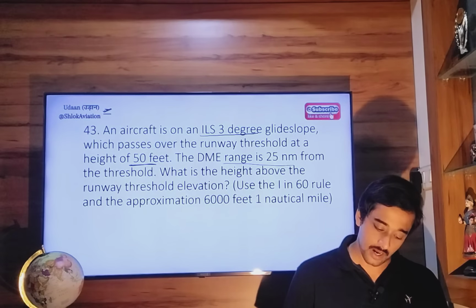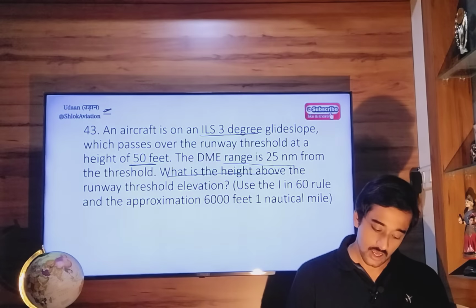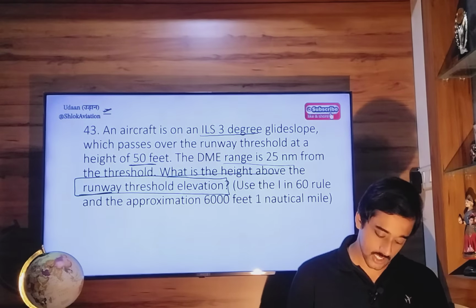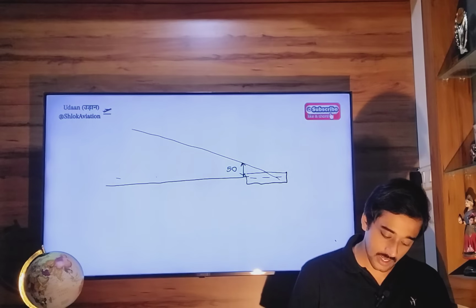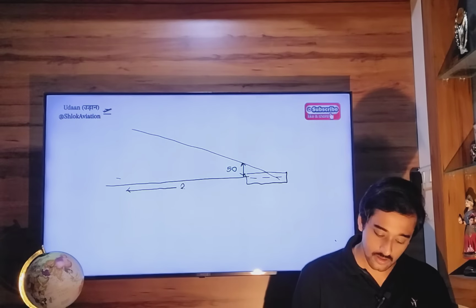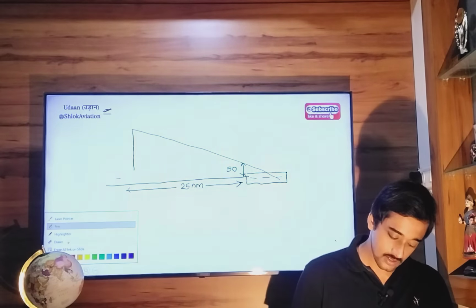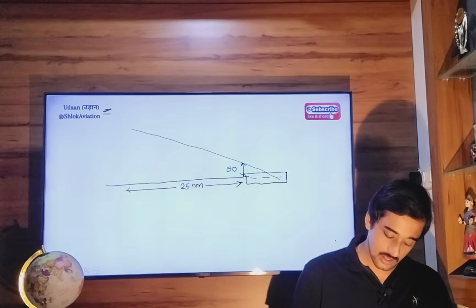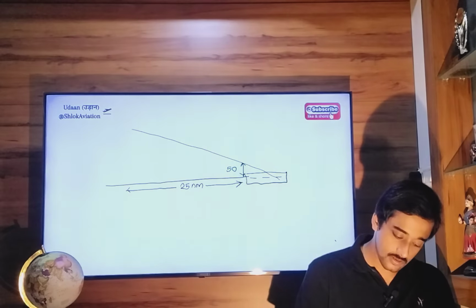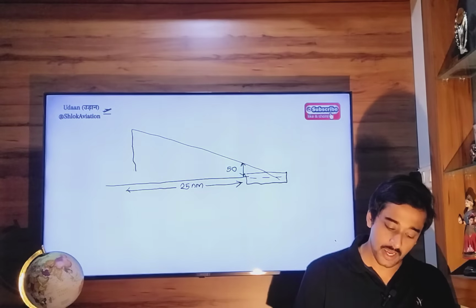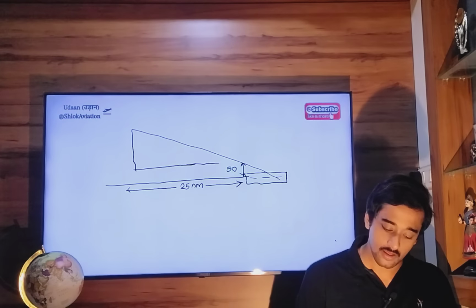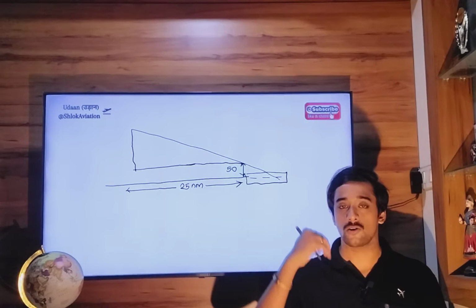DME is 25 miles. What is the height above the runway threshold elevation? So 25 nautical miles. We will have to draw one triangle, its base will be 50 feet above the threshold of the runway.